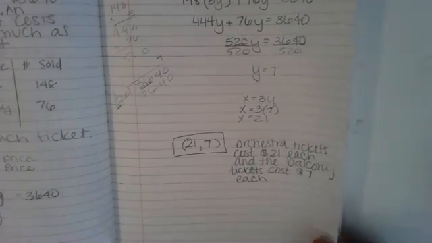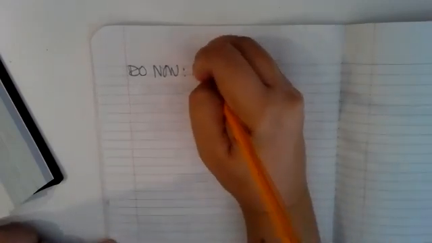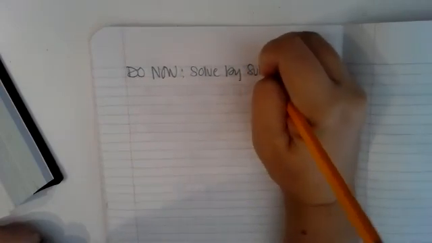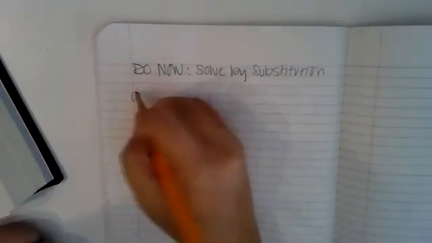So we're going to do a couple do nows in order to practice to make sure we know what's going on. So here are my do nows. This is going to be solving by substitution. Okay, here's one.